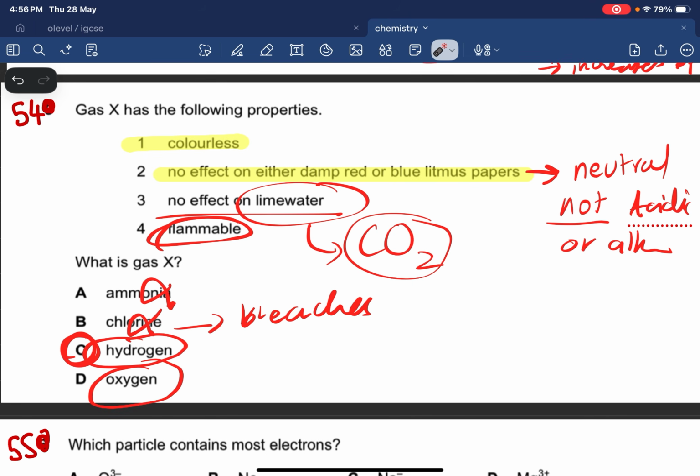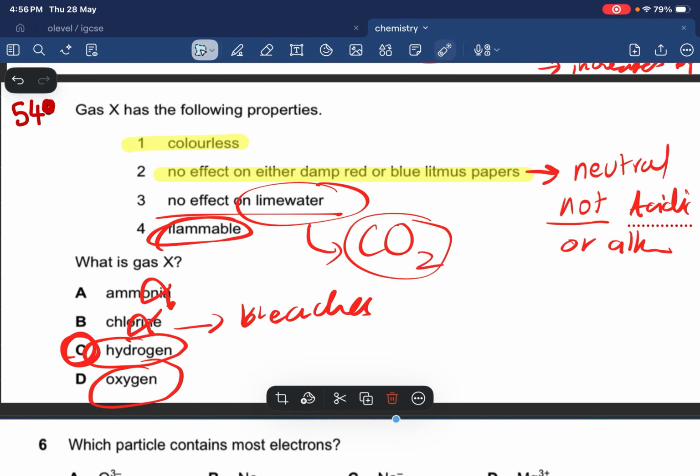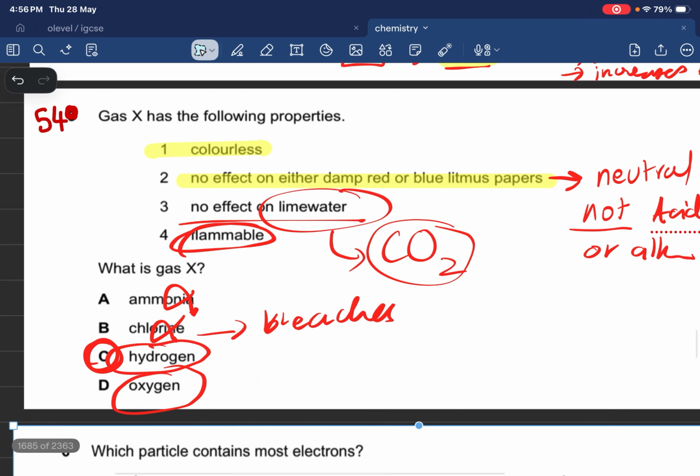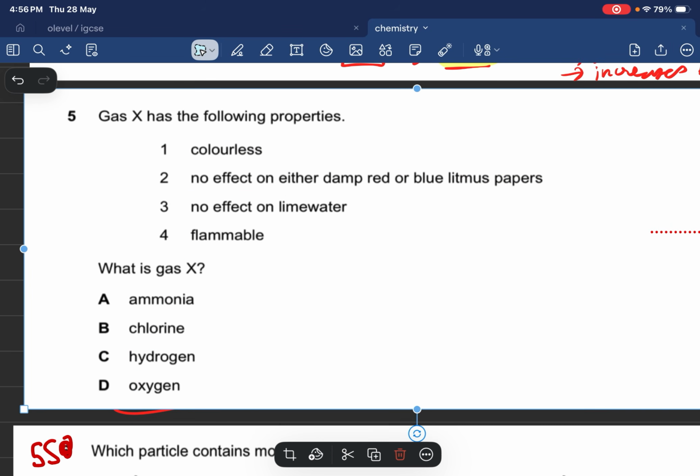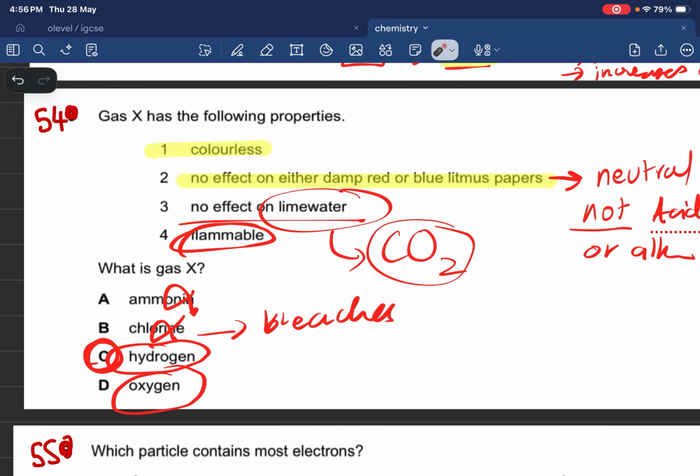Why is it not flammable? Because remember, we combust things in oxygen, but itself it is not flammable. But hydrogen, we use hydrogen in the hydrogen-oxygen fuel cell. And one other fact about hydrogen, if you remember, is that it extinguishes with a pop sound, the flame test, when you add a flame into it.